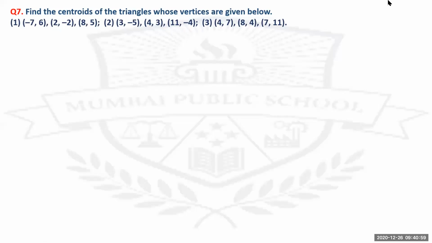Now, when you're talking regarding the centroids, what is the formula? Just add all the x coordinates and divide that by 3. First question: (minus 7, 6), (2, minus 2), (8, 5).